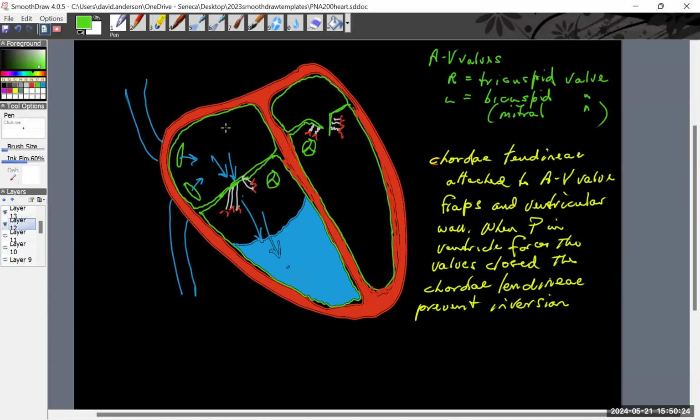So this prevents backflow. So this is the purpose of these chordae tendineae on both sides.